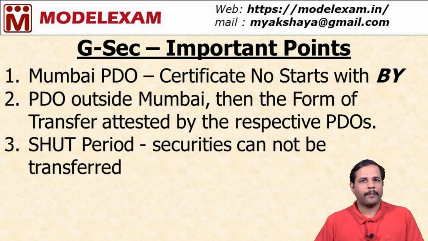What is the purpose? To arrive at the exact ownership details, so that they can transfer the benefits to the concerned investors. During this period the transfer of securities shall not be entertained. Such a period is known as the shut period.